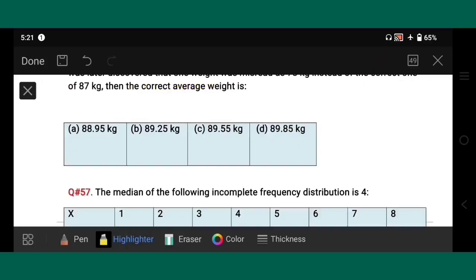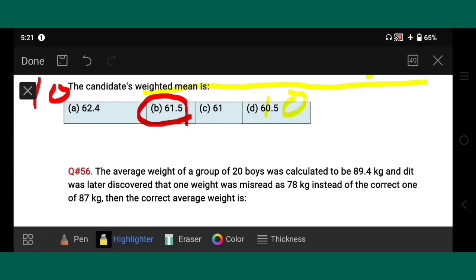Then the correct average weight is, options are 88.95 kg, 89.25 kg, 89.55 kg, and the last one is 89.85 kg. So here we are going to find the average weight.